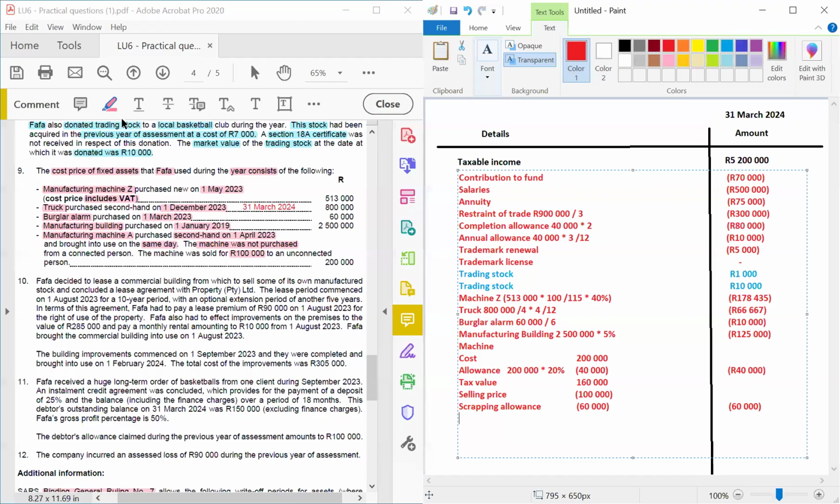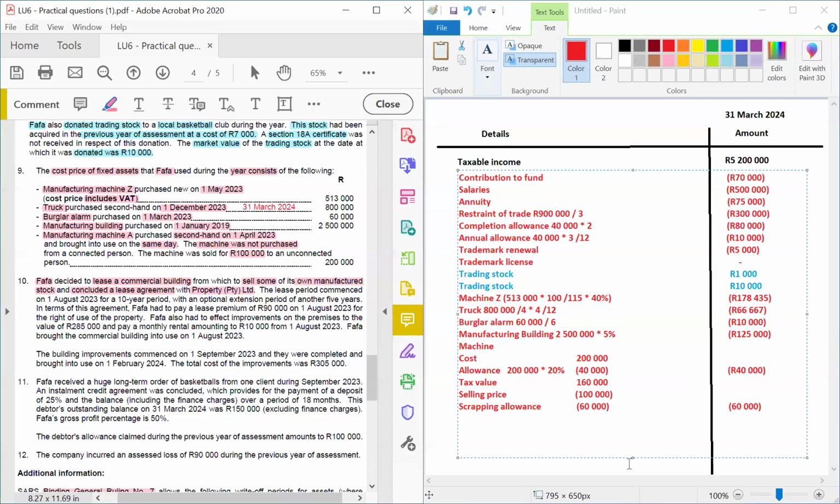Now I need to do these transactions. Fafa decided to lease a commercial building from which to sell some of its own manufactured stock and concluded a lease agreement with Property P12 Ltd. But I'm not suspecting them to ask this particular question that we have done.